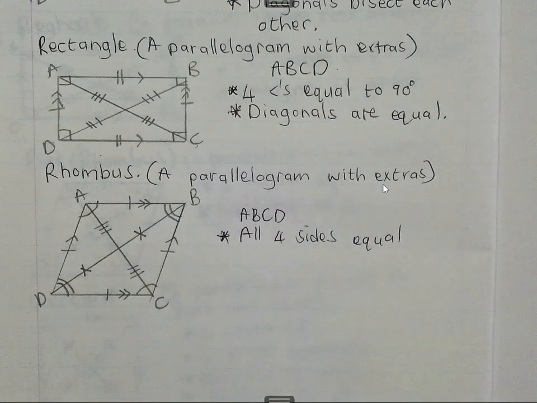But there is something special about a rhombus. There are actually two things special about a rhombus's diagonals. Can anyone see something that it's doing that it didn't do in the parallelogram? What sides? What are you referring to when you say sides?